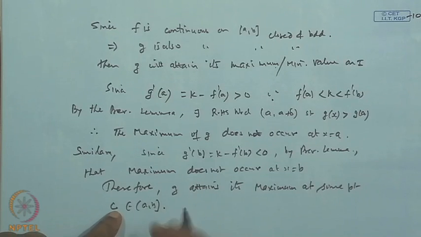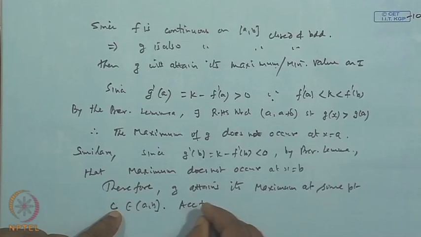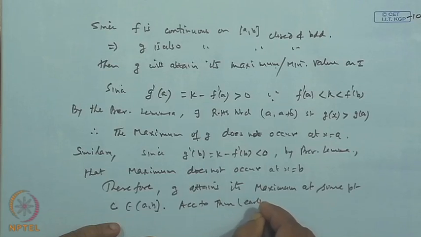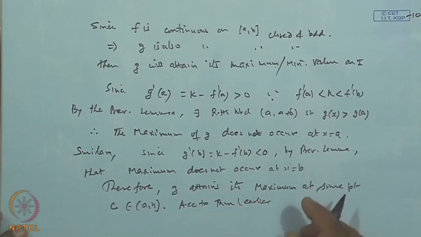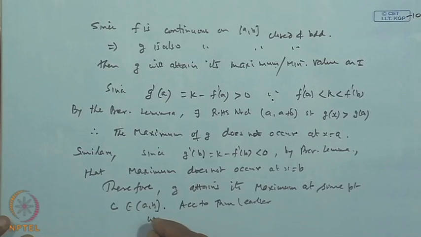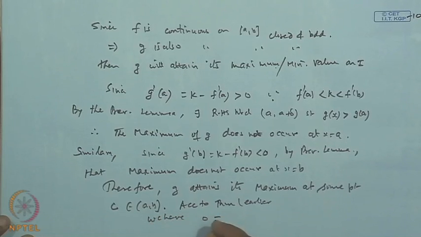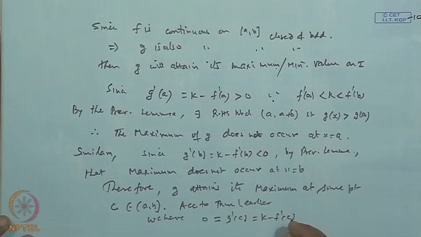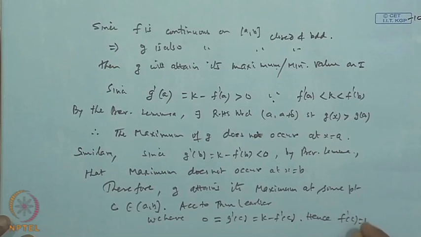So, according to the theorems we have seen earlier, 0 equals g dash c, which is k minus f prime c, and hence f prime c is k.